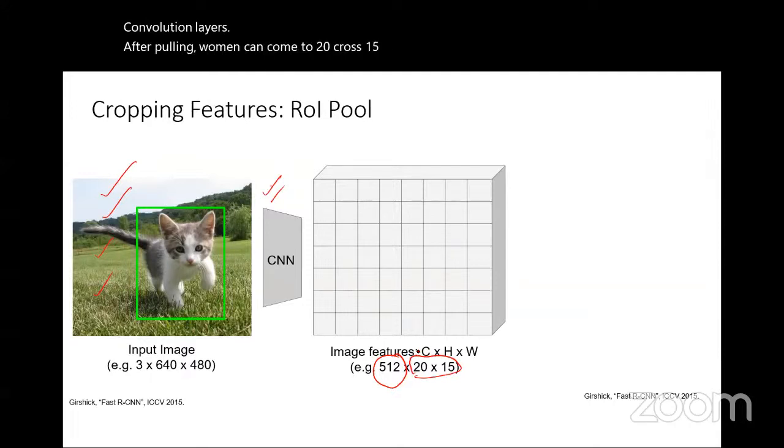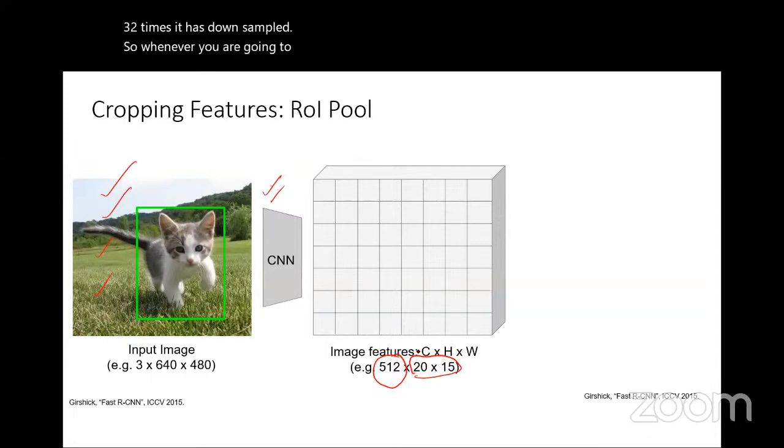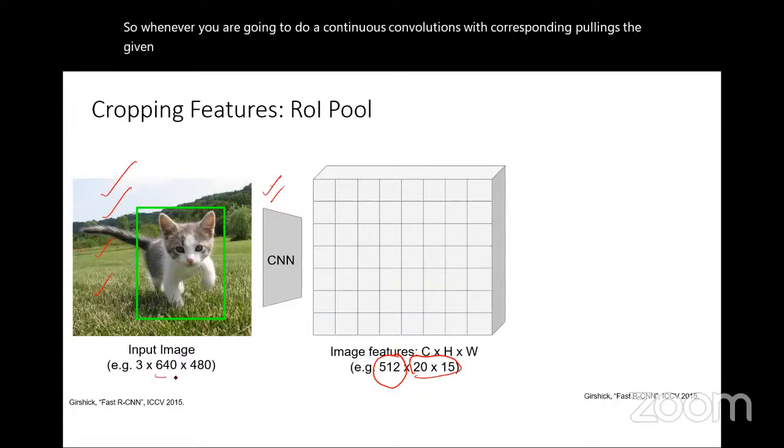Just divide 640 by 20, which is 32 times downsampled. So whenever you do continuous convolutions with the corresponding poolings, the given input size of 640 cross 480 has been 32 times downsampled and gives the result as 20 cross 15.